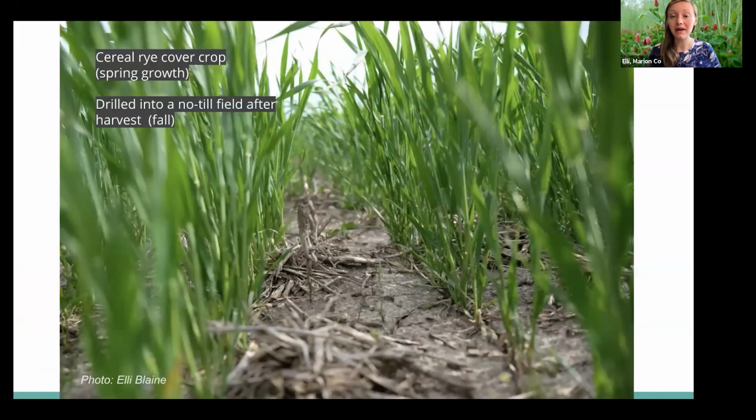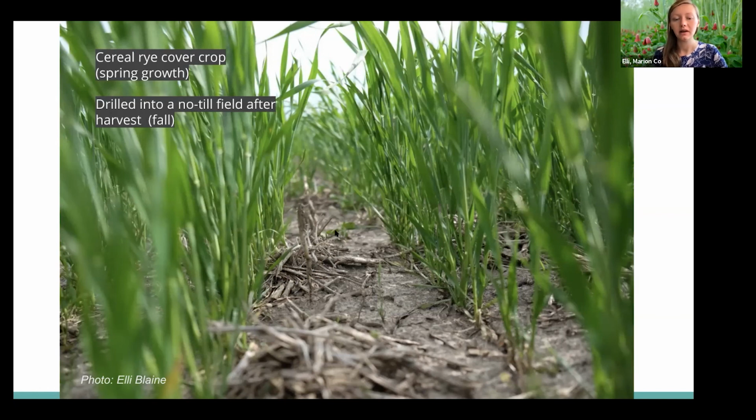So an example you may be familiar with from a large farm is what I show here, which is cereal rye that has been planted in the fall, and it has these nice rows because it's been planted in the field with a drill, and it was drilled into a no-till field.